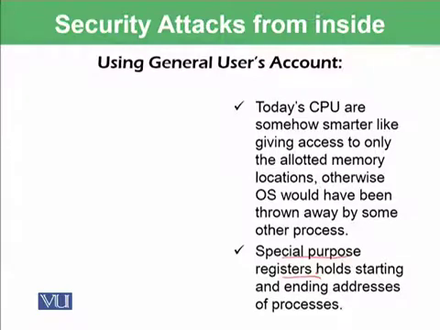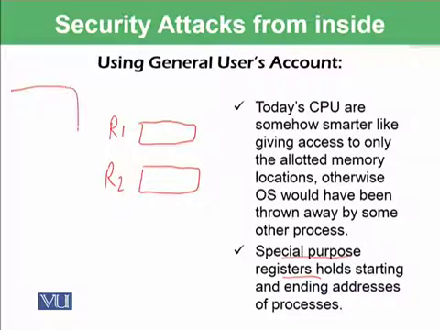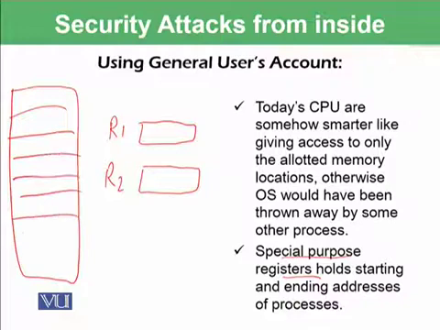Like there is a register, say R1, and this is R2, and here is the RAM. In R1, the address would be saved for a particular process, for example process 1. Like we can say that this process is the operating system itself, and R2 is having the address of, for example, 500.